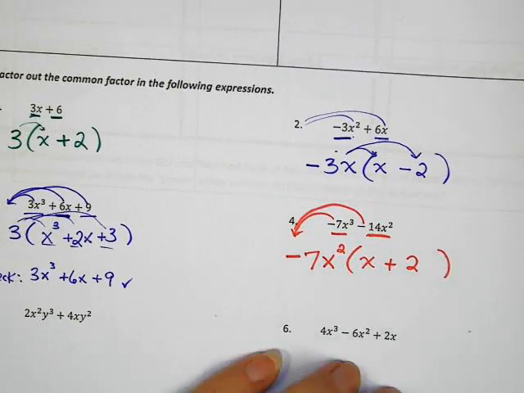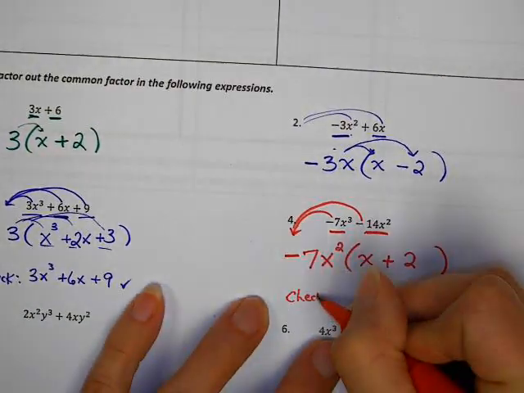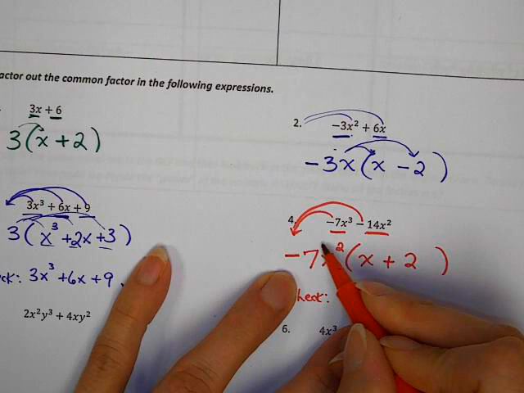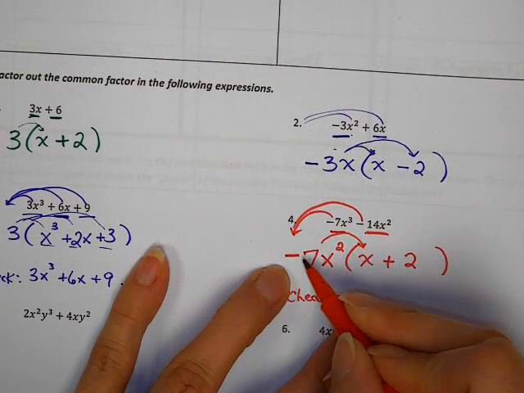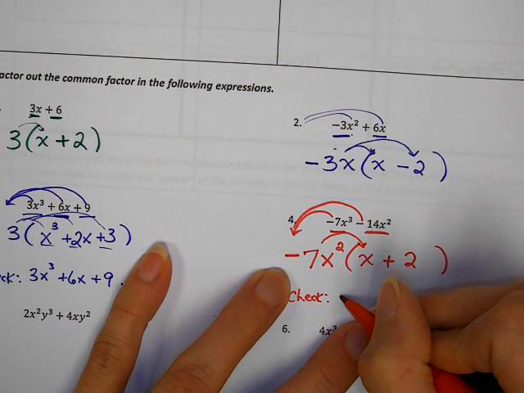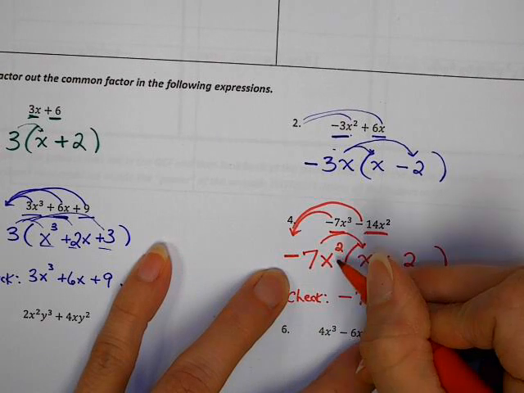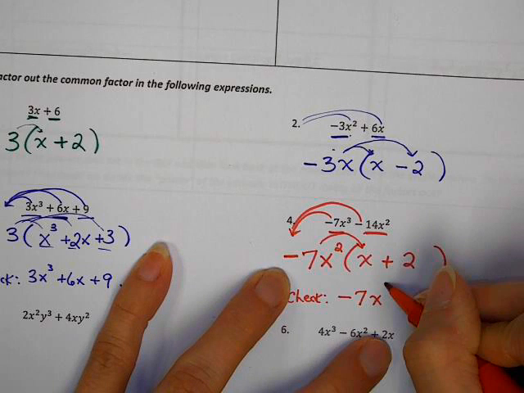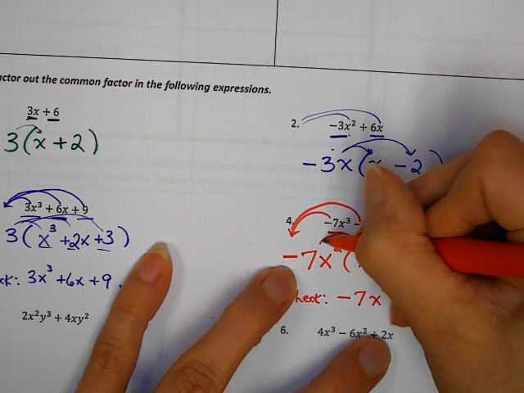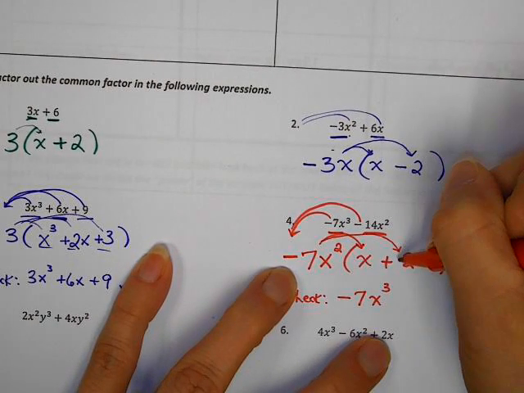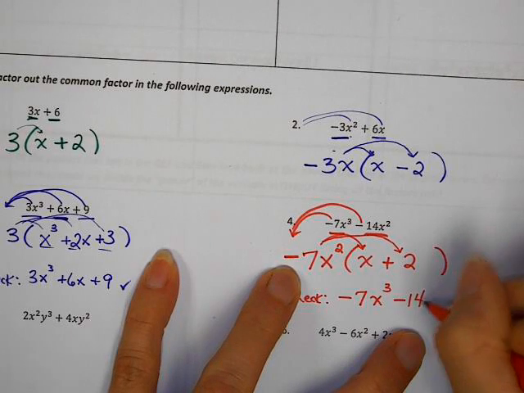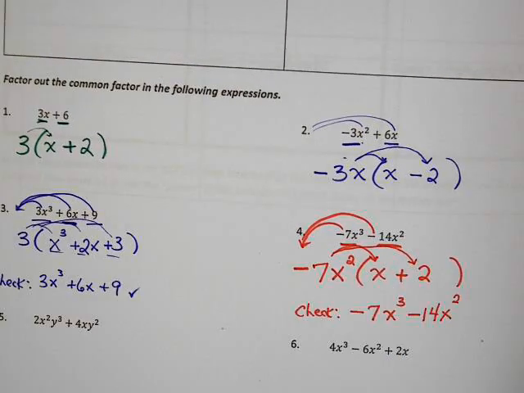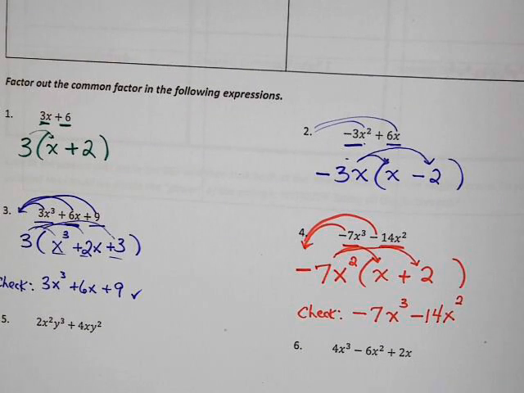I think this is the right answer. Let's just check. Negative 7x squared. Negative times positive is negative 7. And that would be a total of x cubed. A negative times a positive would be negative 14x squared. Okay, looking good.